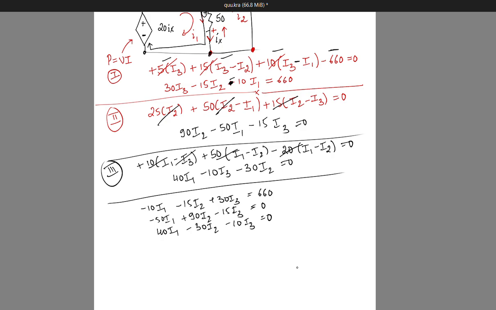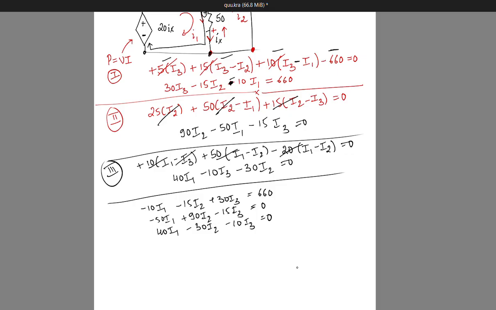You'll have to go to the equation mode, which is the fifth mode, and then enter the second one, which has three equations. So it is minus 10, minus 15, and 30, 660. Yeah, and then it is minus 50, then 90, then minus 15, 0.